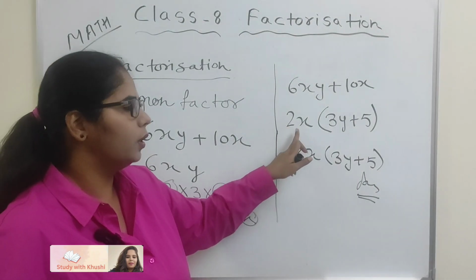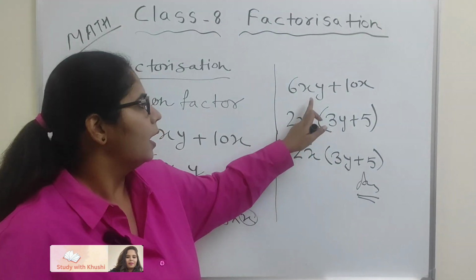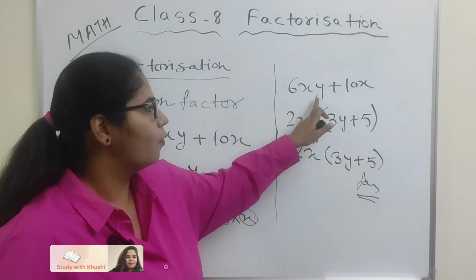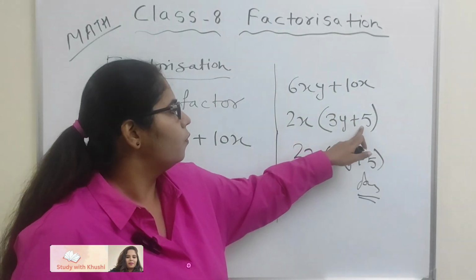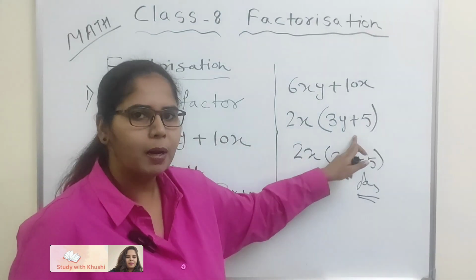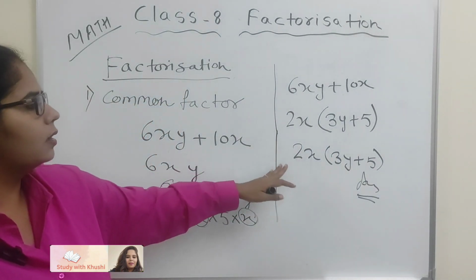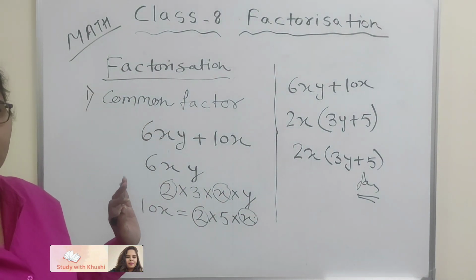So I write 2x as the common term. Now, 2 into 3 gives 6, x has already come outside, and y is left inside. Now 2 into 5 gives 10, x has already come outside. So 3y plus 5. So our factors are 2x and 3y plus 5, which is called the common factor method.